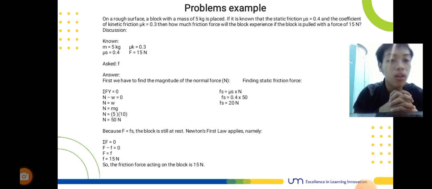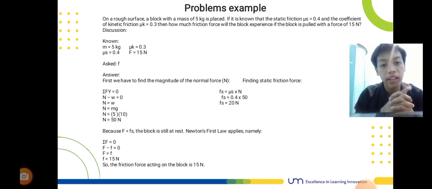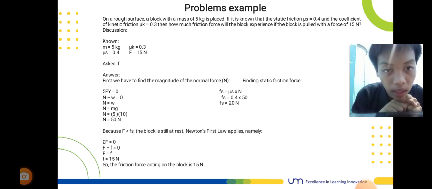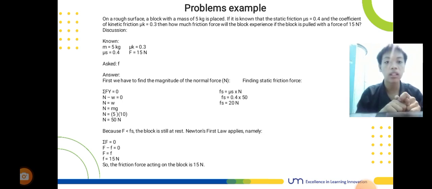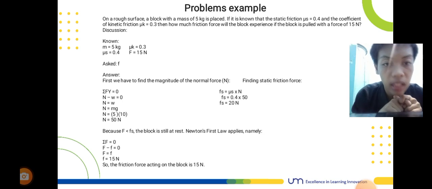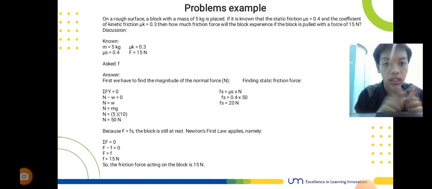Newton's first law applies, namely sigma F equals 0. F minus f equals 0, F equals f, f equals 15 Newton. So the friction force acting on the block is 15 Newton.